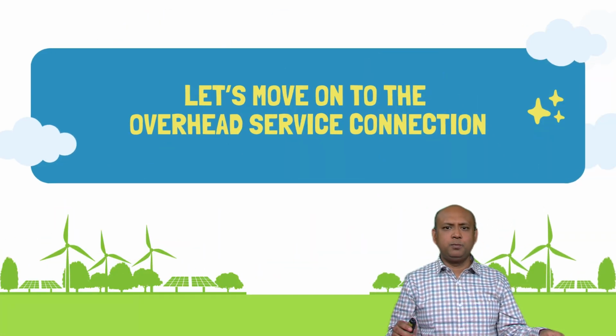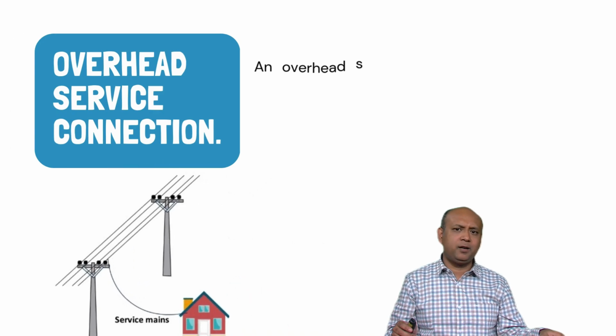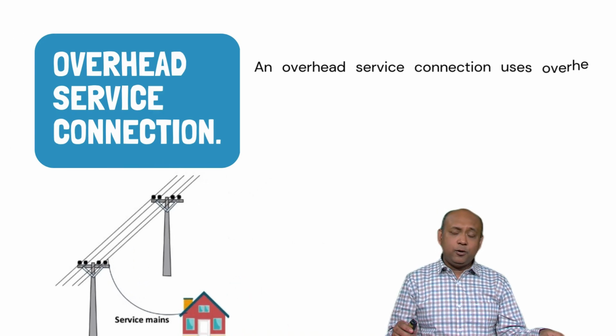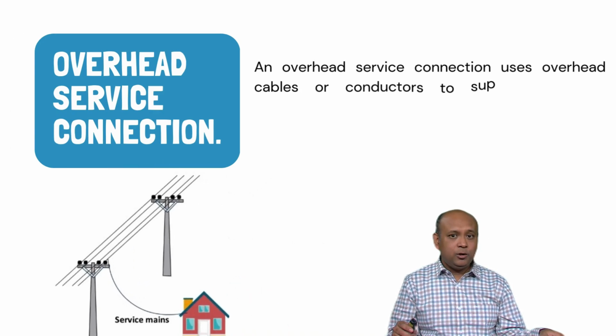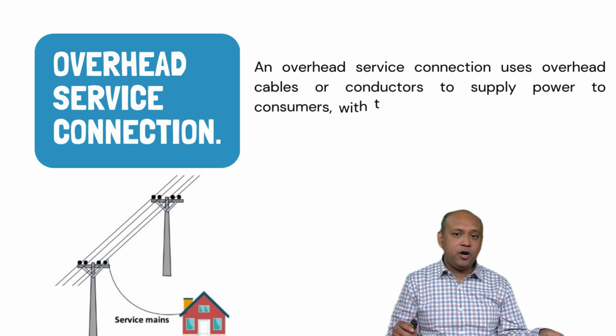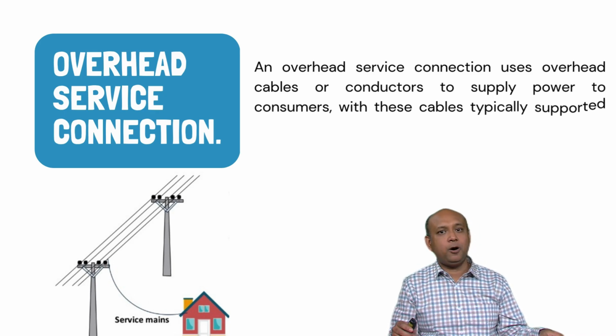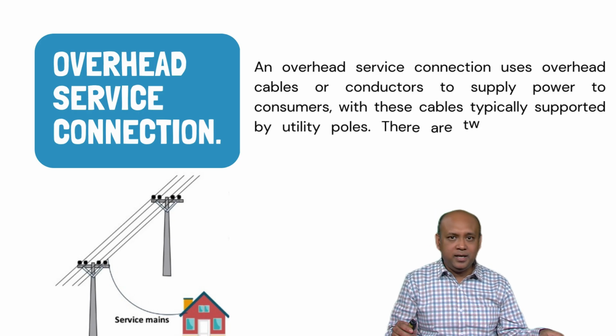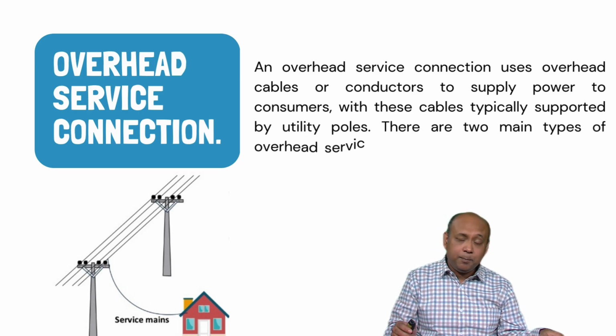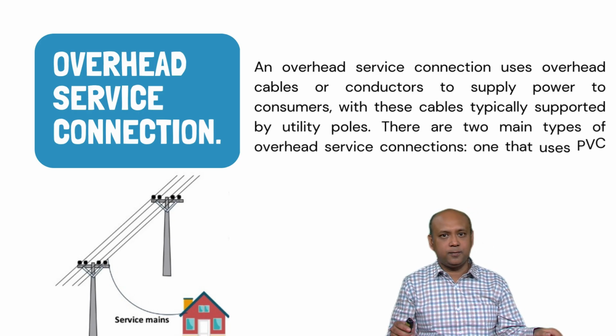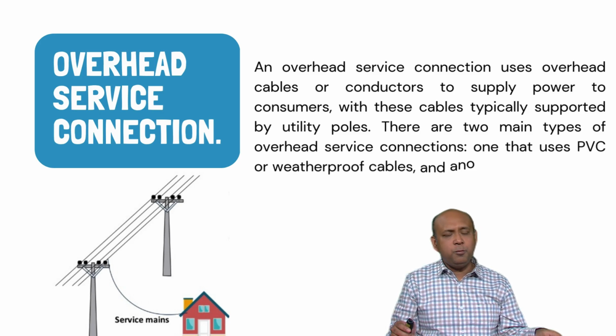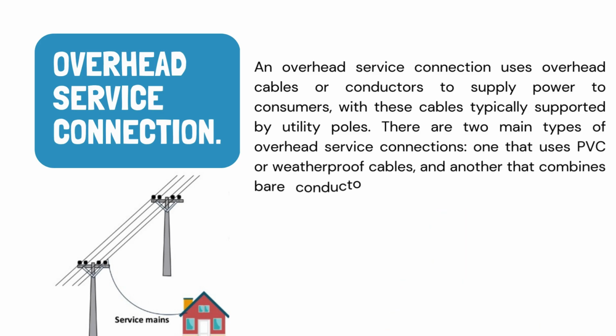Now, let's move on to the overhead service connection. An overhead service connection uses overhead cables or conductors to supply power to consumers, with these cables typically supported by utility poles. There are two main types of overhead service connection.